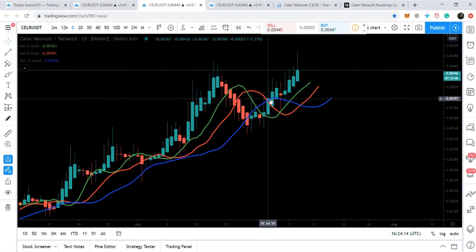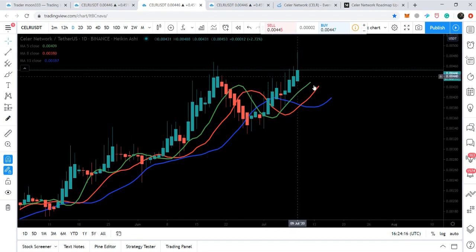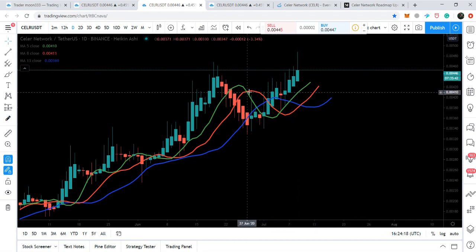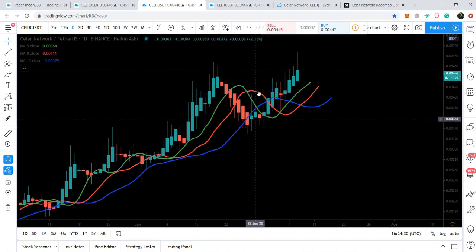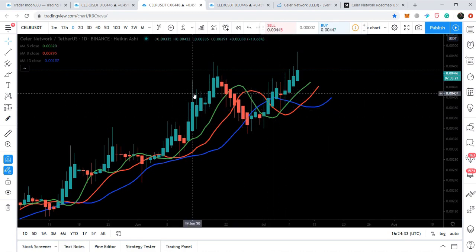Therefore, we can use this indicator in combination with the channel, because these are very small time period moving averages. Sometimes these moving averages or this indicator can give us a false signal. Therefore, in order to avoid these false signals, we need to use some other indicators or some other pattern as well.